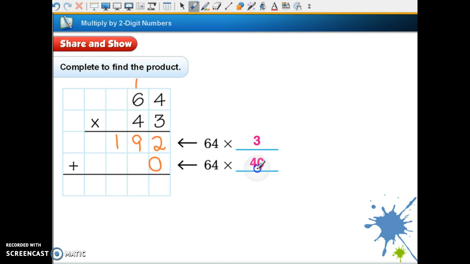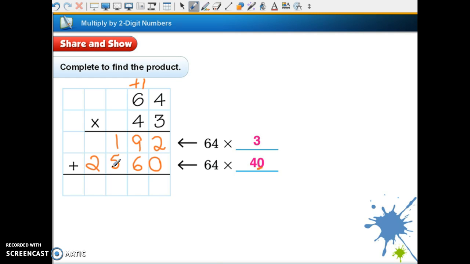That takes care of this little 0 out there. Now we're going to go from this tens spot to the top number. 4 times 4 is 16, and that goes in the tens. And we're going to regroup a 1. And 4 times 6 is 24, plus 1 is 25.